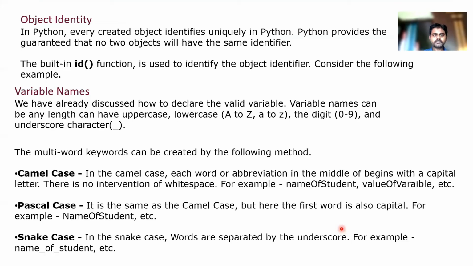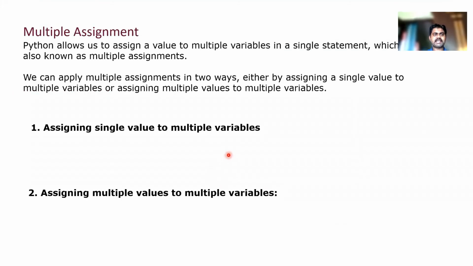Next is multiple assignment. Python allows us to assign values to multiple variables in a single statement. Multiple assignments can be of two types: assigning a single value to multiple variables, and assigning multiple values to multiple variables.